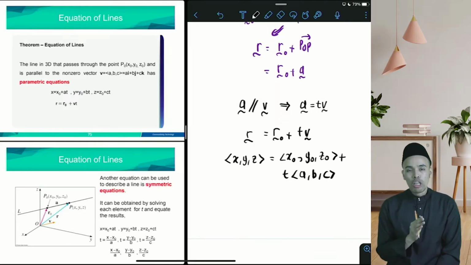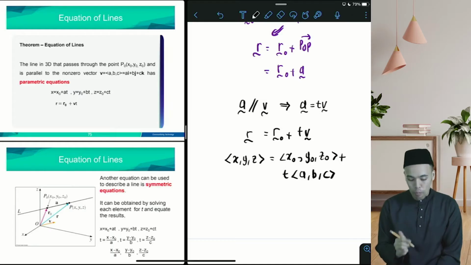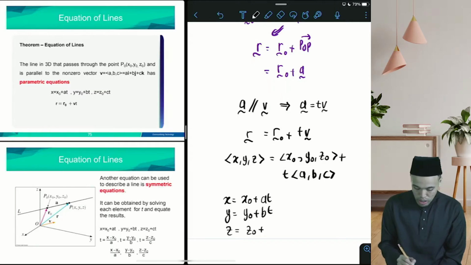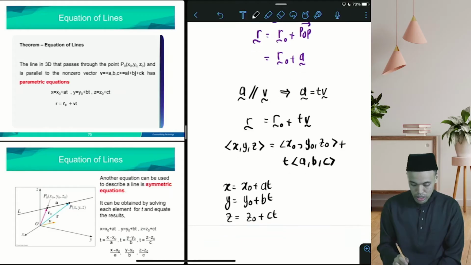So by comparing in terms of components, I will have x is equal to x0 plus at, y is equal to y0 plus bt, and z is equal to z0 plus ct.